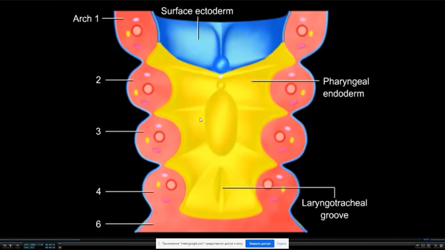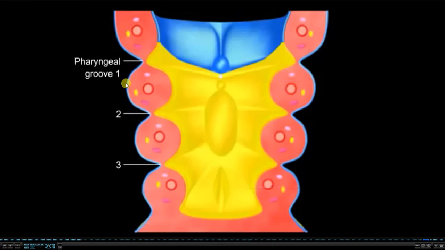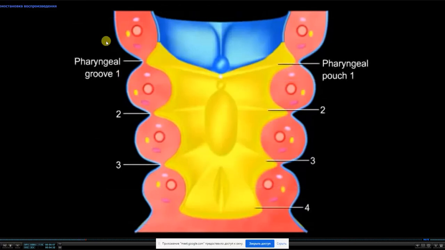So you see it's the foregut, and it forms the pharyngeal endoderm, and this endoderm lines from the inner part. And the pharyngeal groove is the ectodermal portion. It will be responsible for face formation and neck formation.